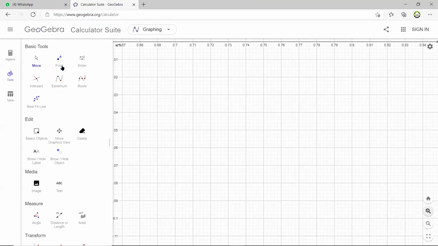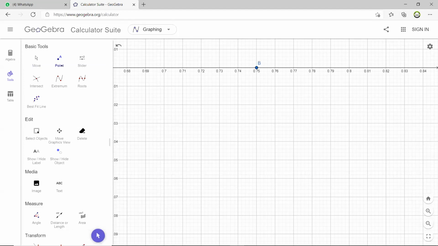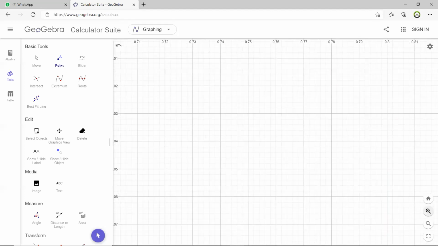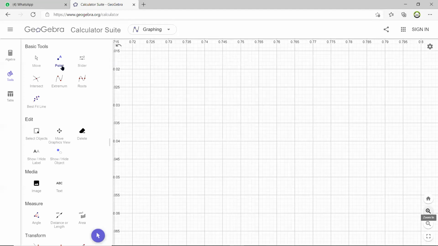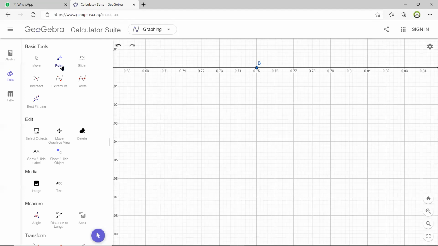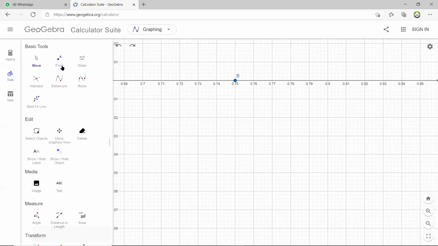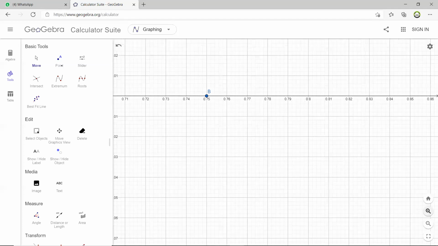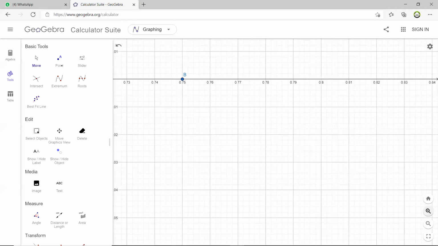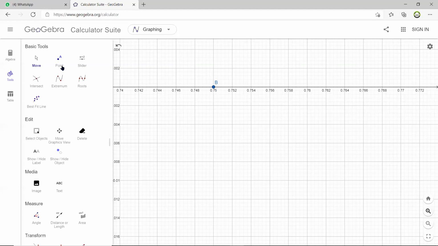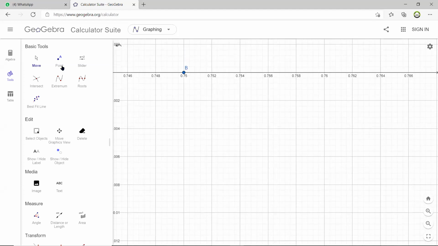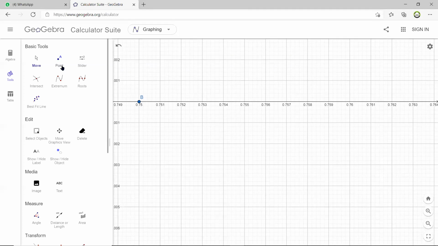But Mridula said 0.75755, so 0.755 is somewhere over here.